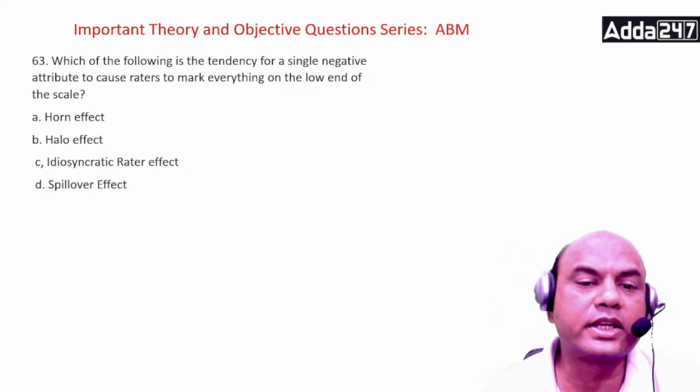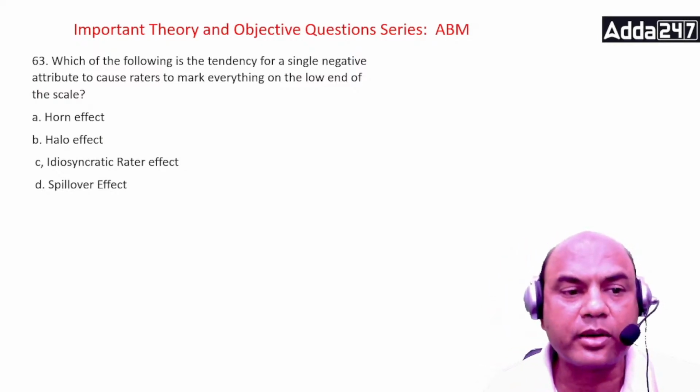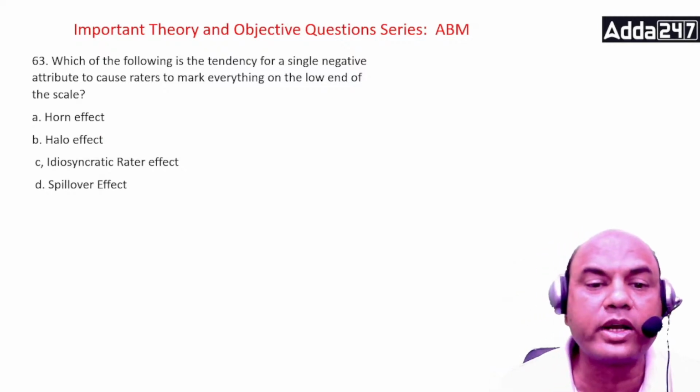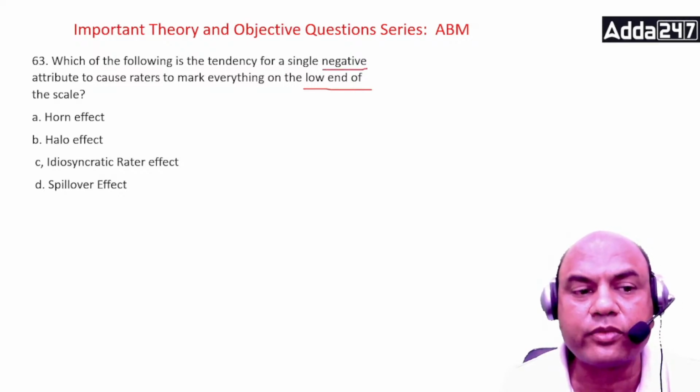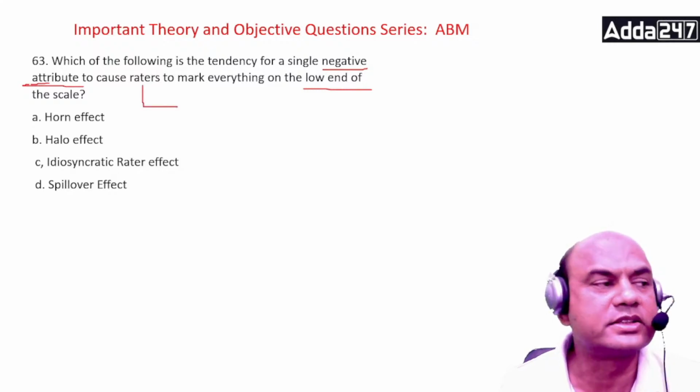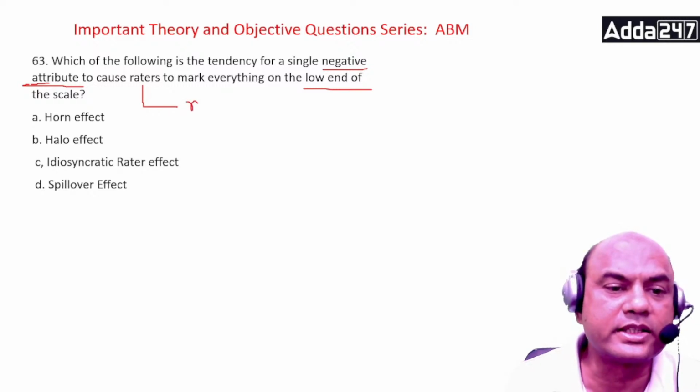Which of the following is a tendency of a single negative attribute that causes raters to mark everything at the low end of the scale? So a single negative attribute, a single factor which will lead the raters. Who are the raters? Raters mean the rating agencies, CRISIL, ICRA, all these things.